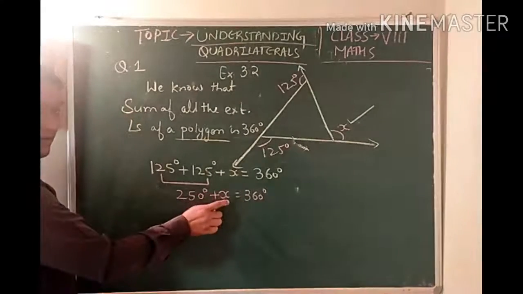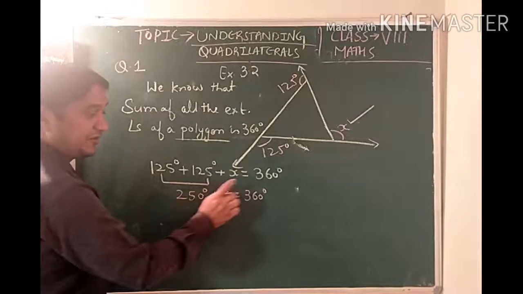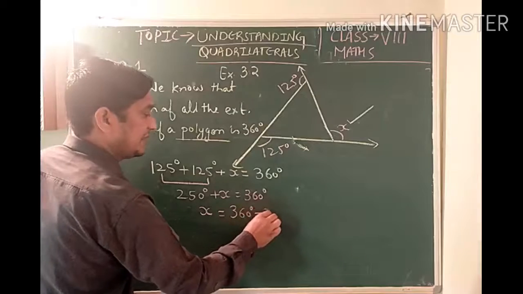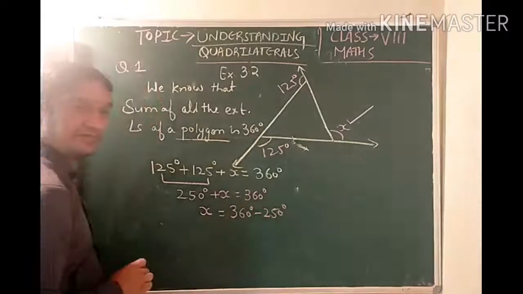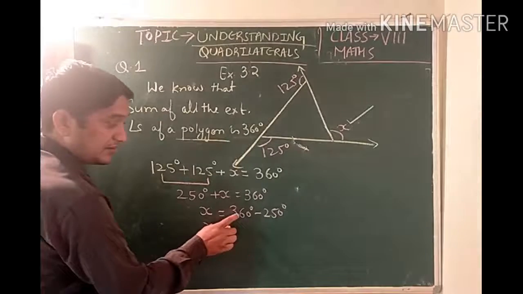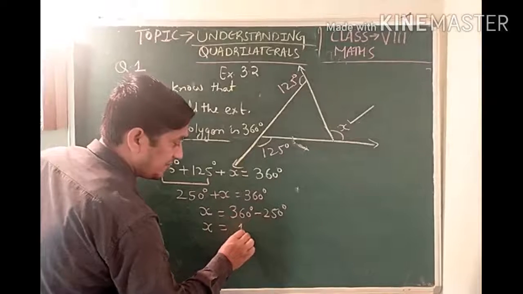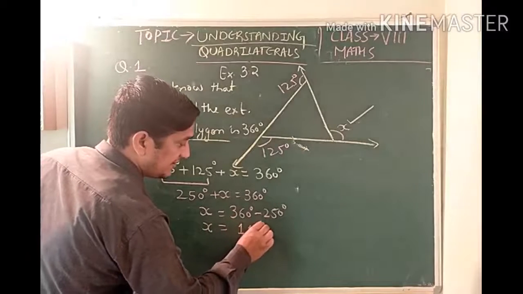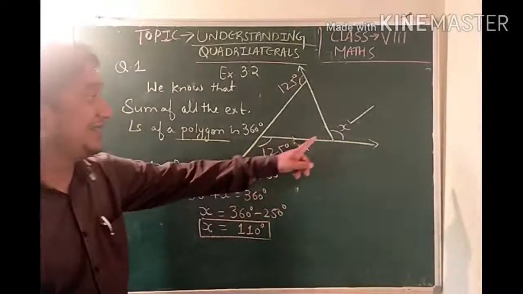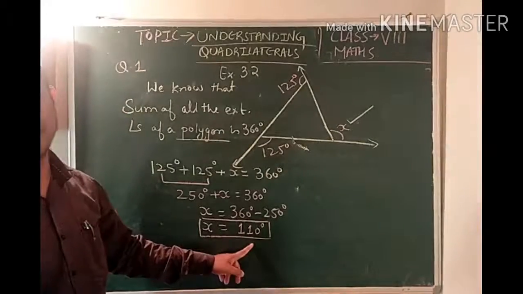Now if we want to find the value of x, I am going to shift this 250 to the right hand side. 360 degree minus 250 degree. Now it becomes x equals 360 minus 250. It becomes 110 degree. So the value of the third exterior angle, that is x, is 110 degree.